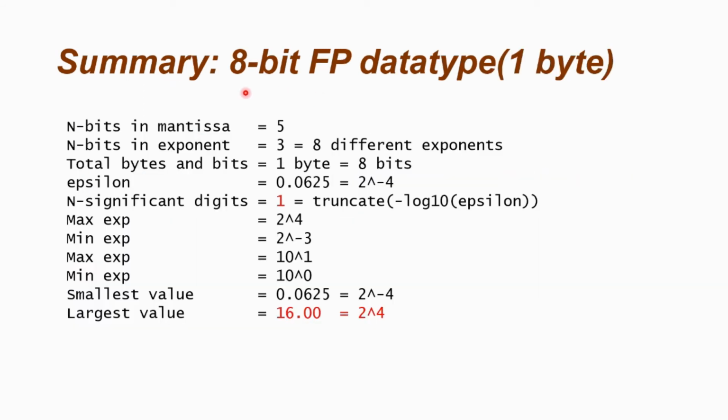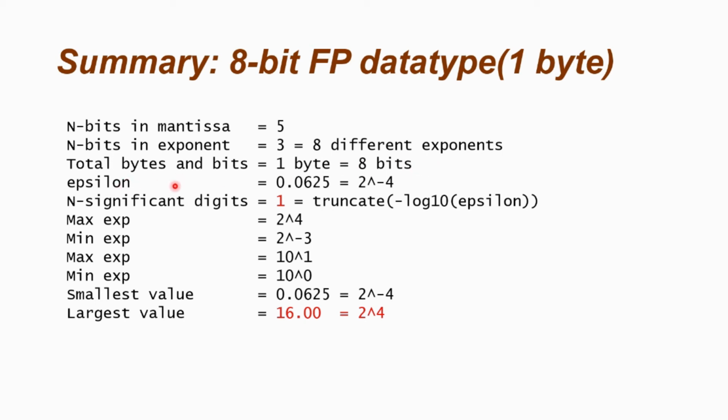Let's go through the summary of what we see in the 8-bit floating point data type, which we just designed. We have 5 bits in the Mantissa, including the ghost bit. We have 3 bits in the exponent. That means 8 different exponents are possible. Total number of bytes used is 1, that is 8 bits.